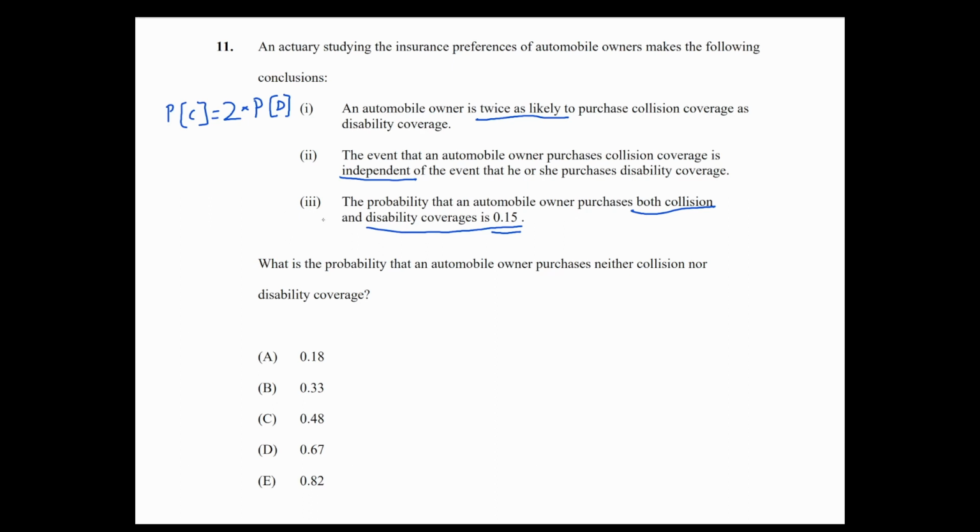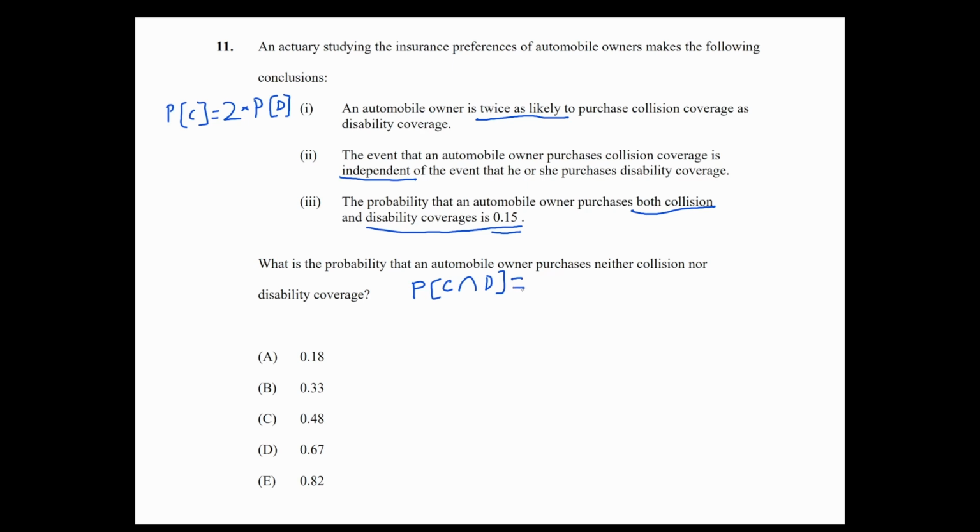I think we should now go to point 3, which is the probability that an automobile owner purchases both collision and disability coverages is 0.15. So this is where the algebra starts coming in. If you remember, the probability of an intersection for independent events, so let's write out the equation. The probability of C intersection D, because we're calculating the probability that someone purchases both collision and disability at the same time, is equal to 0.15.